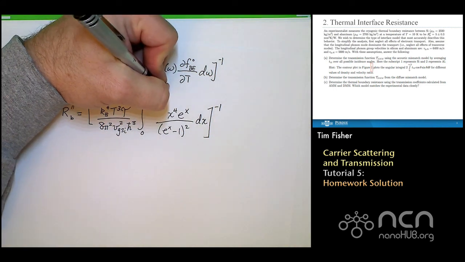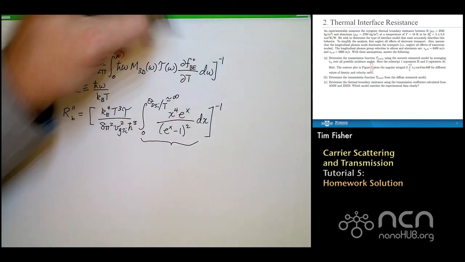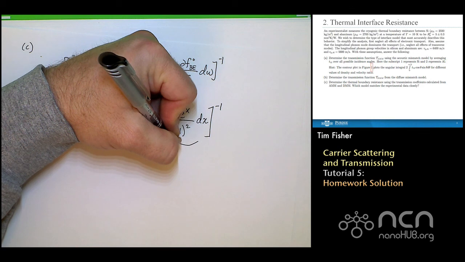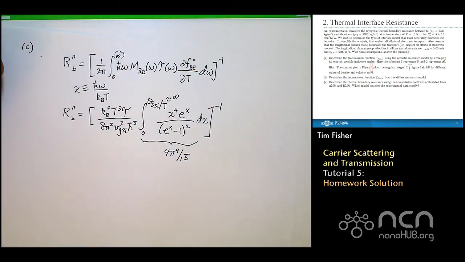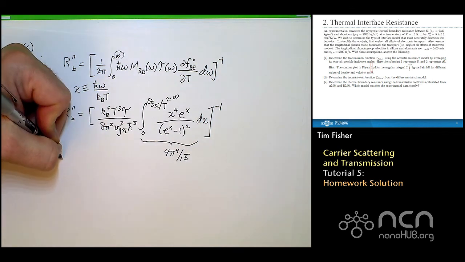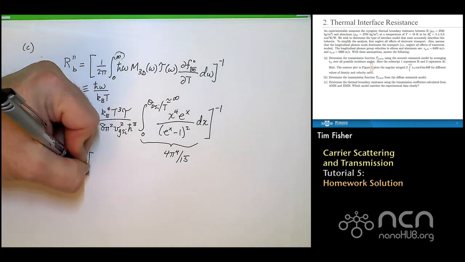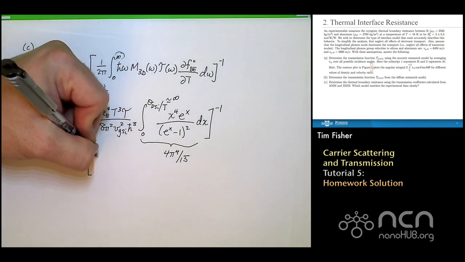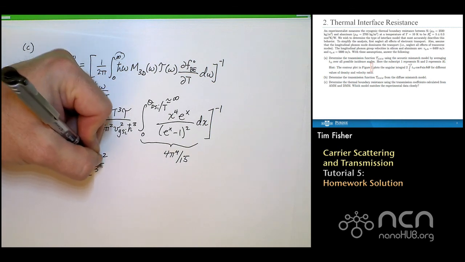So we will approximate that as infinity, and when we do that, the integral itself is 4 pi to the 4th over 15. And so what we find ultimately here is that this thermal boundary resistance or interface resistance can be expressed as a group of constants.